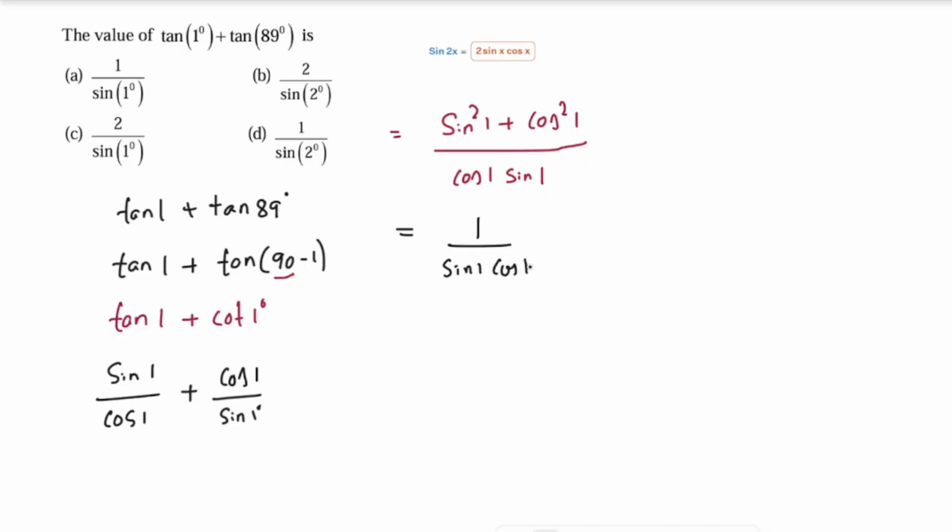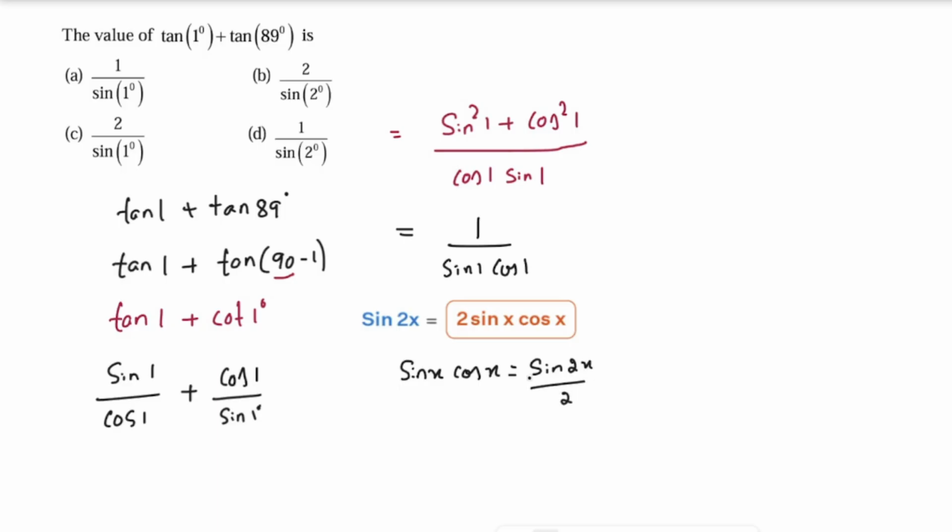We got it. Now if you observe the formula carefully, sin 2x is equal to 2 sin x into cos x. So if you write sin x into cos x, that 2 we can transpose, so it becomes sin 2x by 2.